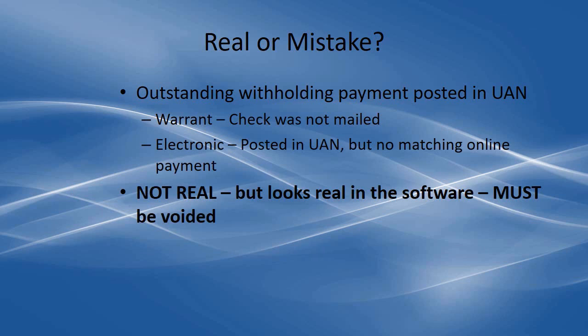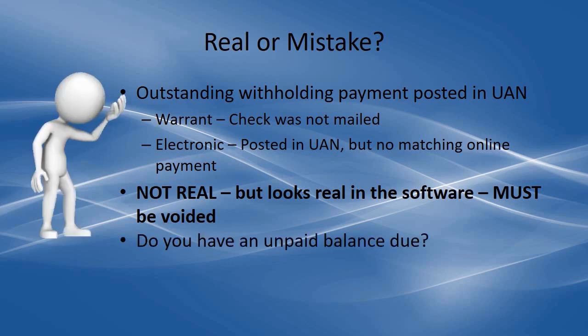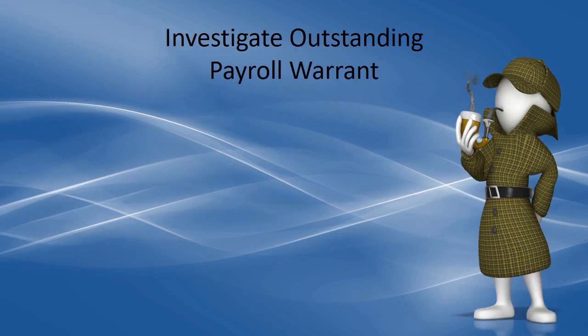It must be voided. And then the next problem you're going to be facing is trying to figure out if you have an unpaid balance due. If that withholding payment didn't represent a payment made to a withholding agency, do you still owe the money? The key to investigating outstanding payroll warrants, I bet you've already guessed it, paperwork.